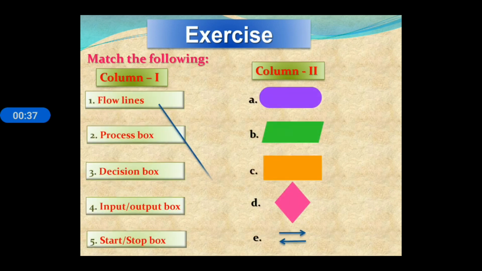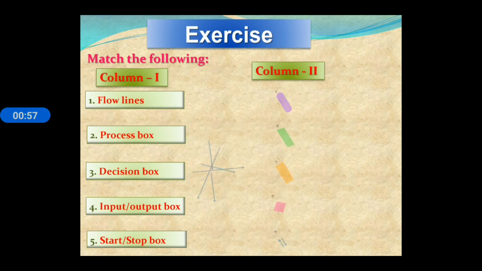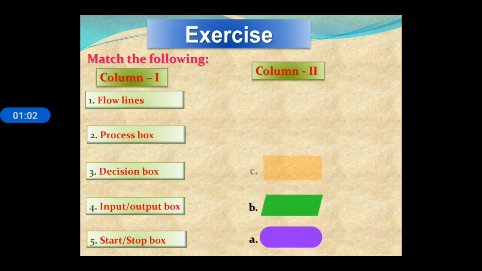First, flow line, option E. Process box, option C. Decision box, option D. Input output box, option B. Start and stop box, that's A. So the correct sequence is E, C, D, B, A. Here is the correct sequence of column A.